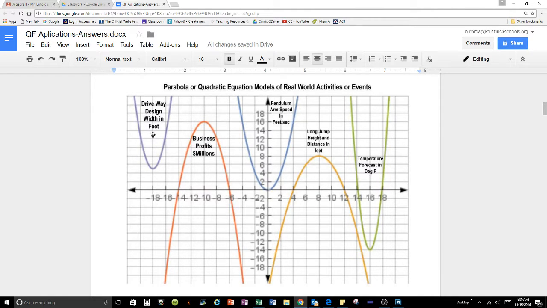And remember, to solve these, we have to find h and k, where h, if we're looking at this particular parabola, the driveway, would be from 0 out to the center of the parabola. That distance, h, is minus 18 for this parabola. Then you go up to the vertex of the parabola, and that distance up is k.